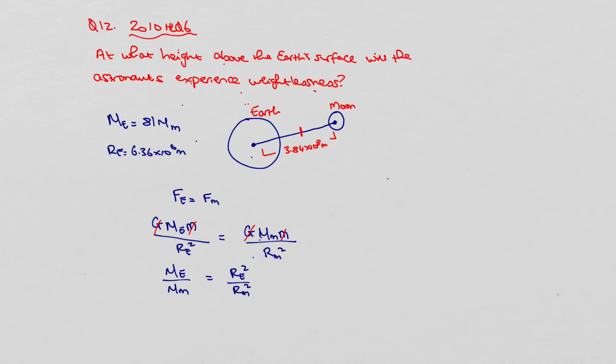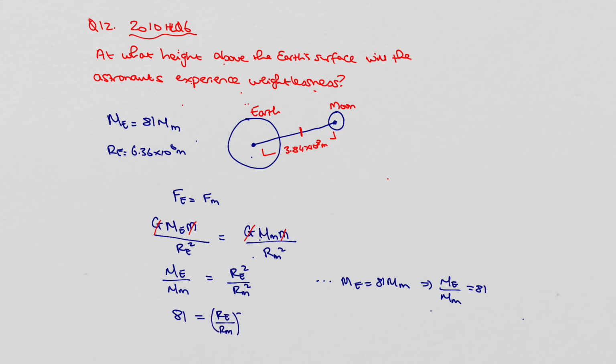Now we know that the mass of the Earth over the mass of the Moon is equal to 81, because we were told the mass of the Earth is 81 times the mass of the Moon. So 81 is equal to the ratio of the distances squared.